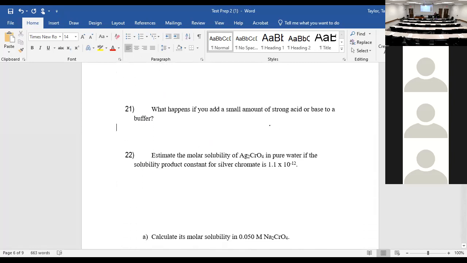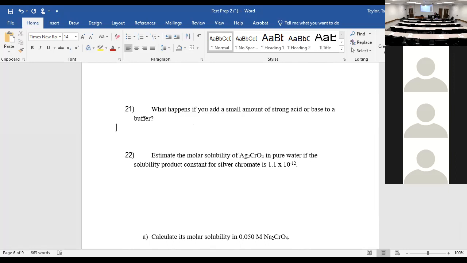All right, so what happens if you add a small amount of a strong acid or a strong base to a buffer? This one's on y'all. Y'all remember what a buffer does? Wouldn't it equal it out, or the reaction change to equal out the products and reactants?